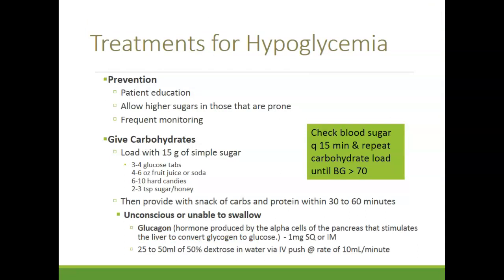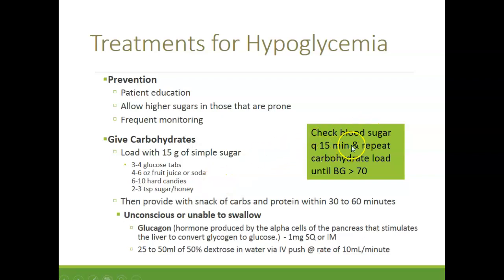Treatment. Make sure you know treatment. Obviously, if a patient expresses symptoms, make sure you get a baseline, check their blood sugar. If it is low, you're going to load them with 15 grams of a simple sugar. That's equal to 1 carb exchange. Just think sugar, sugar, sugar. These are all simple sugars.